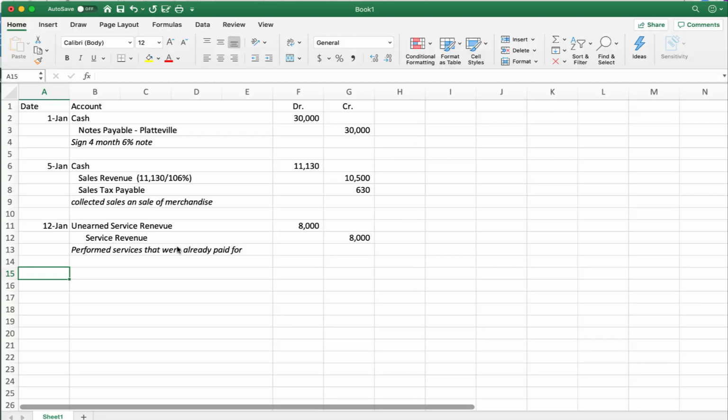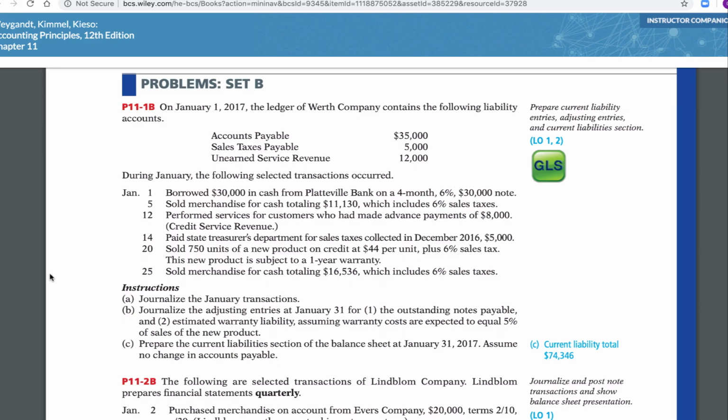Okay, so here's the journal entry. Super easy. January 14th. What are we doing? Well, we already have established sales tax payable $5,000, right? This was as of January 1st. On January 14th, we're paying that amount.